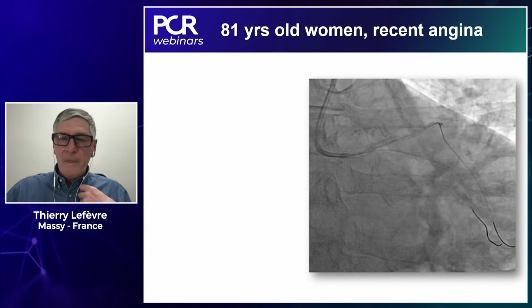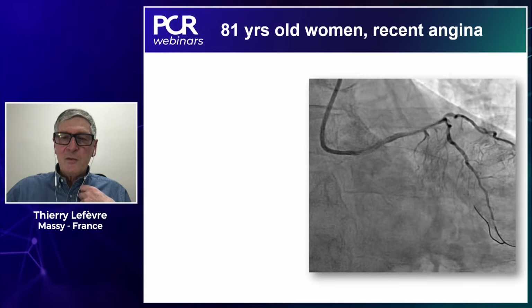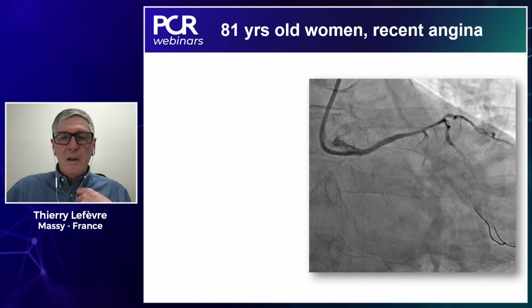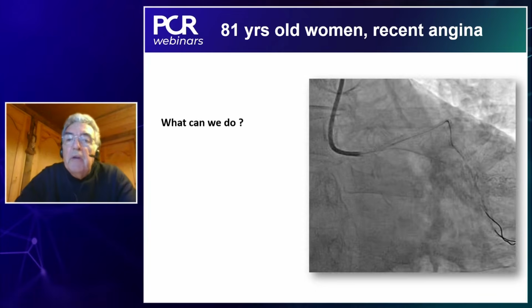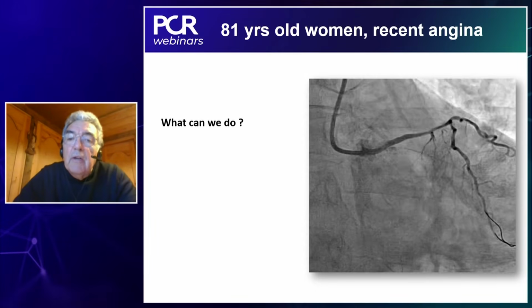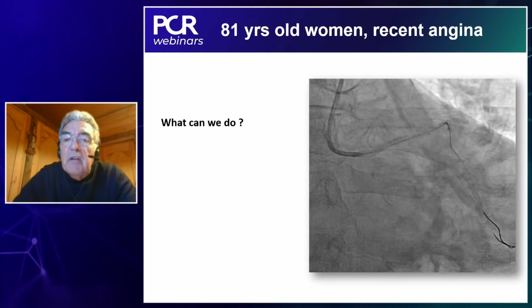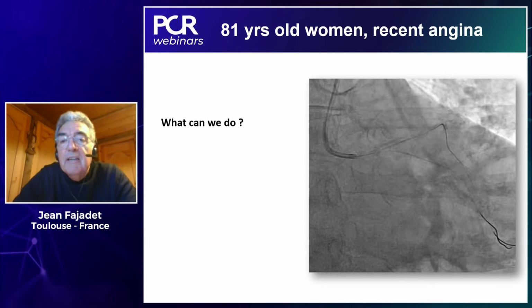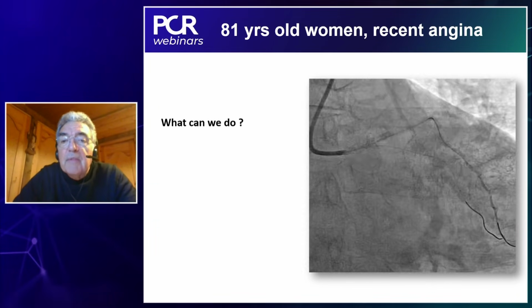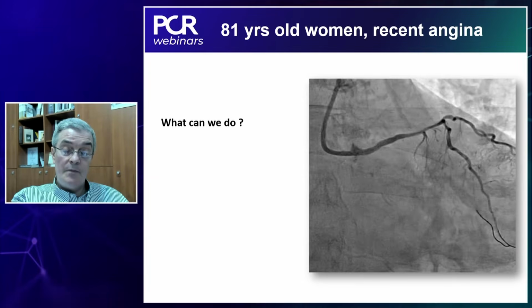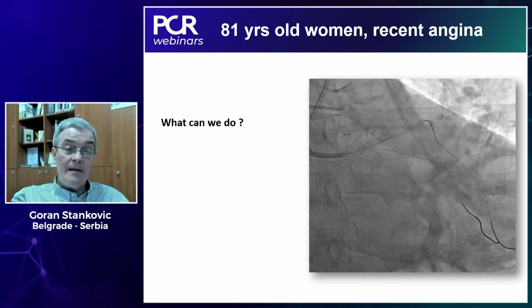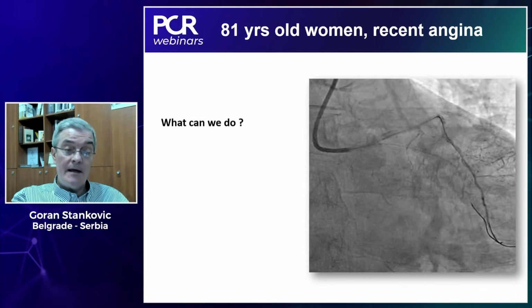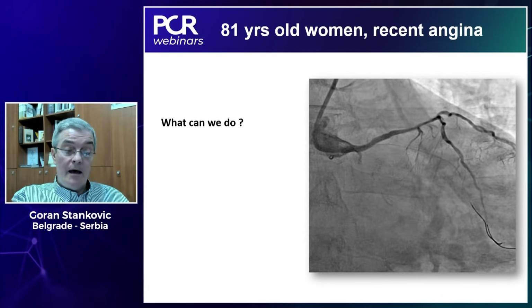And so what to do at this level? So Goran, you have this kind of occlusion of the origin of the left circumflex after stenting. What to do? So the first step for me is to precisely position the POT balloon, do POT, expand better the proximal segment inside the left main.